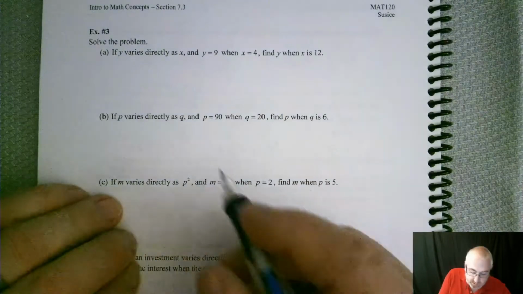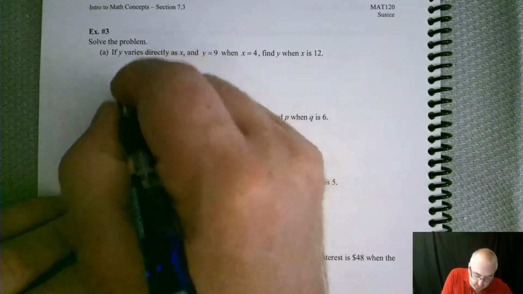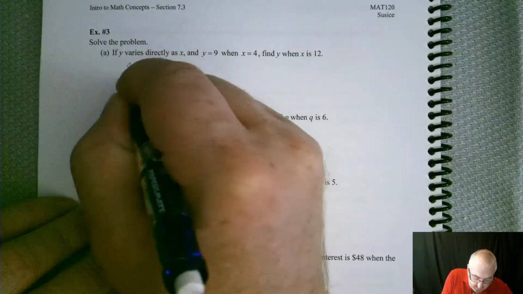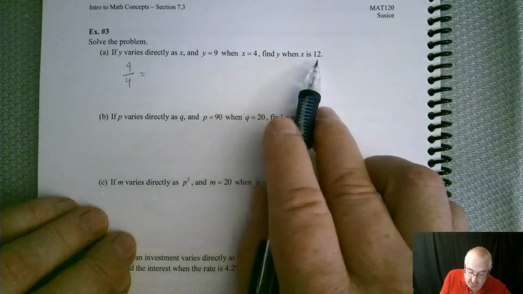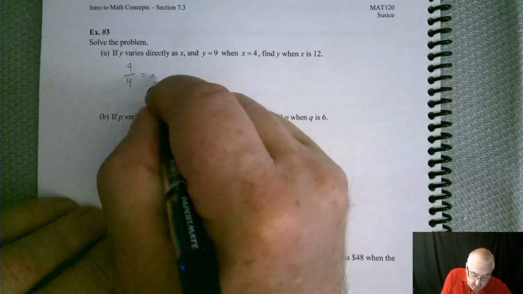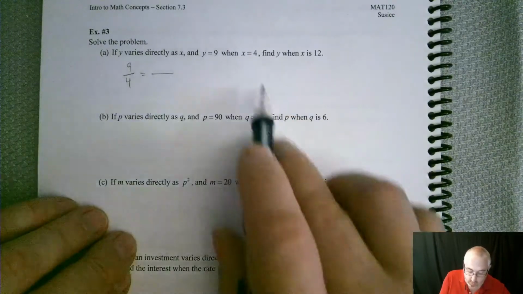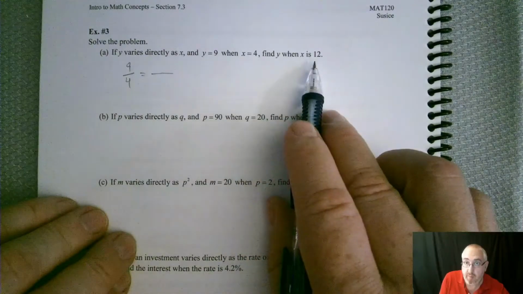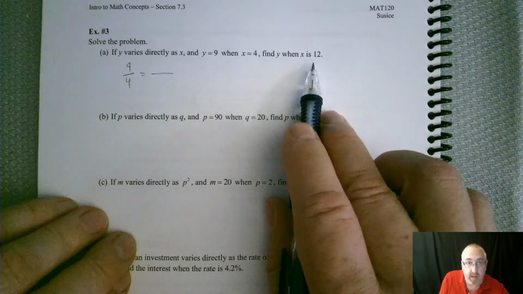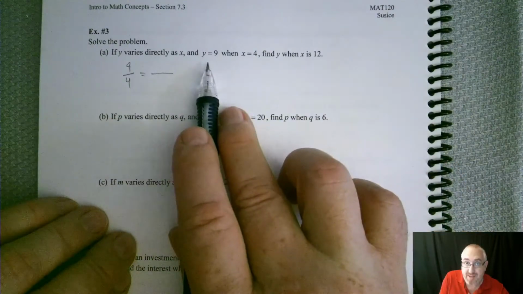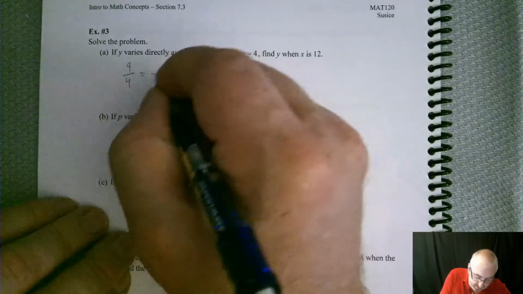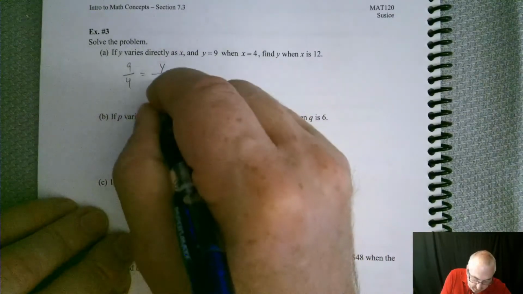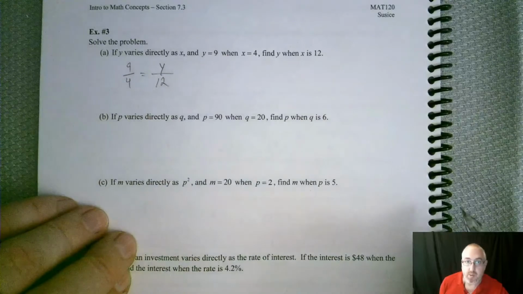So if we wanted to set up a proportion, we can just put 9 over 4. And then on the other side, it says find y when x is 12. So where should the y go? Where should the 12 go? And again, it's based on how you set up the left-hand side. So y was on top, x is on the bottom, so you're going to do the same thing. y is on top, x is on the bottom, which was 12.